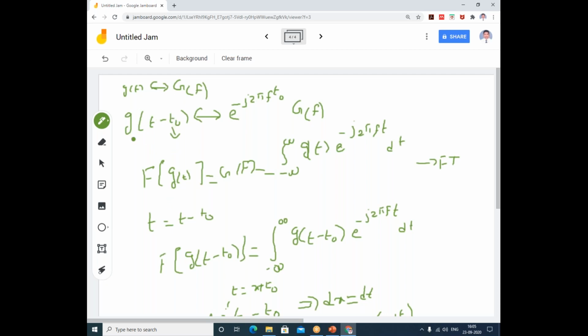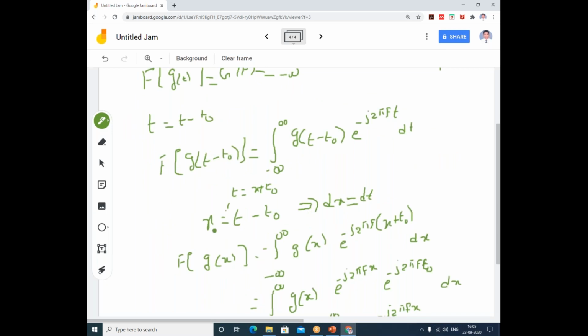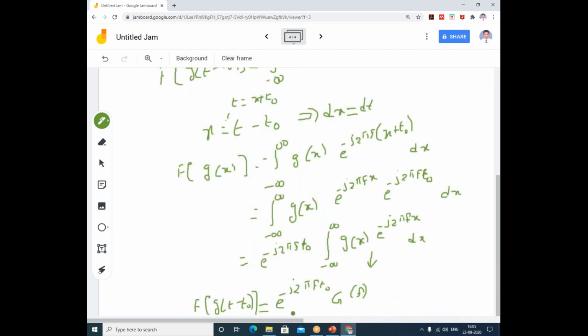You assume this t minus t naught as x, and when you differentiate, this t naught is a constant, so dx is dt. Then you replace t minus t naught with x and simplify, and you will get this answer. So this is how you find the Fourier transform of a shifted signal.